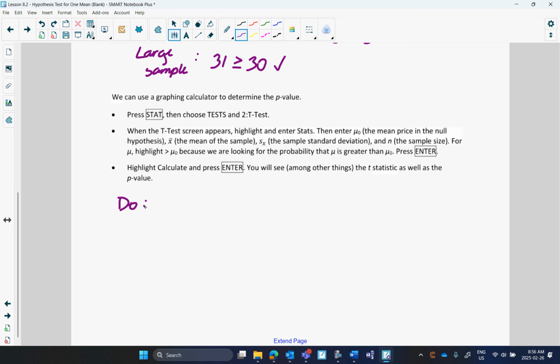So we are doing a t-test. The assumed mean is 194. The sample mean x bar is 199.45. The standard deviation was given on the first page at the beginning of the question, 25.98.